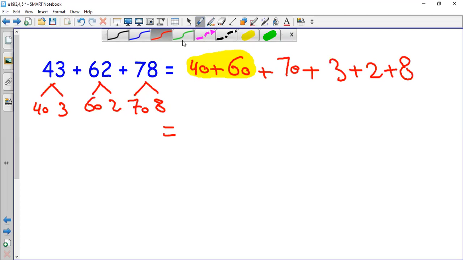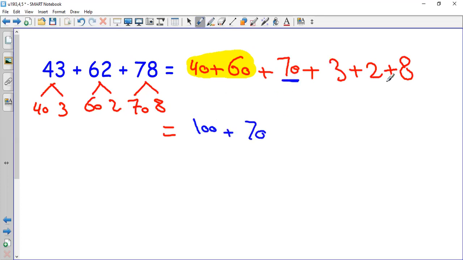So 40 plus 60 is 100, and I still have 70. If we look at the ones, I have here 8 and 2. 2 plus 8 is 10. This also will make my task easy. So I will add 3, and 2 plus 8 is 10.